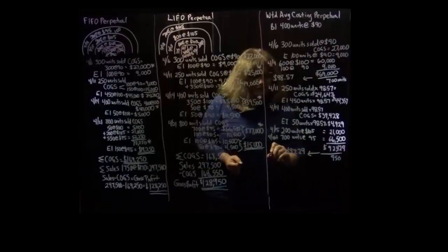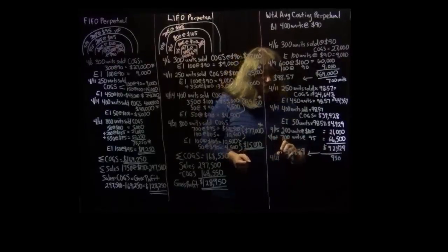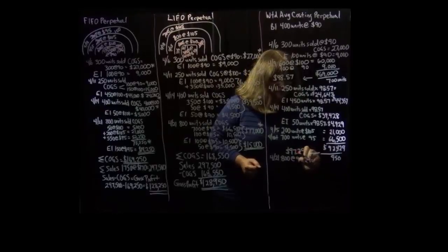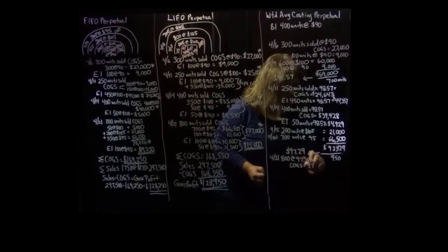So then when we make this sale on April 21st, we sold 800 units. We multiply those by the 97.29 to get cost of goods sold of $77,832.